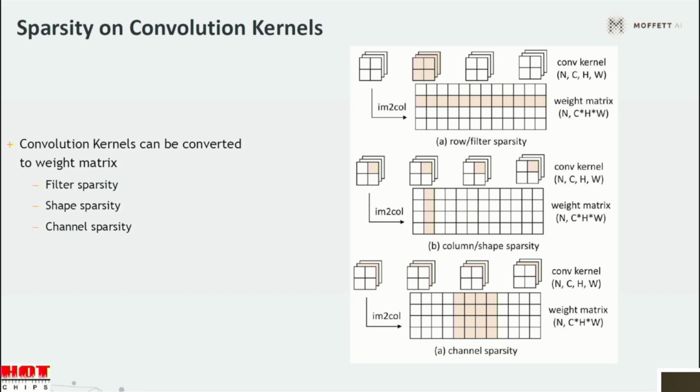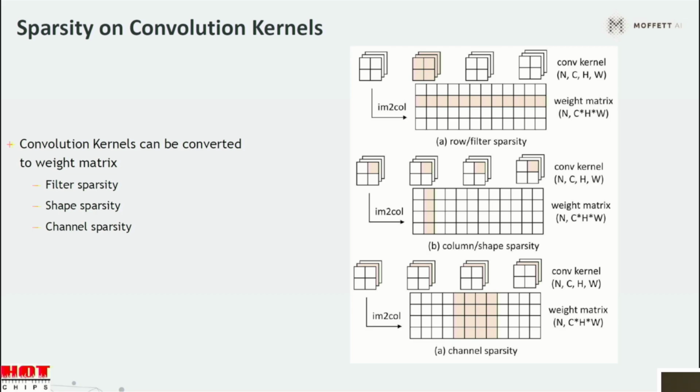There are 3 levels of sparsity. There's filter sparsity. If there's filter sparsity, it means the whole kernel is pruned off, and then the whole row of this weight matrix is 0. There's also shape sparsity. Basically, for each of the kernels, some of the positions in the kernel shape can be pruned, and this means some of the columns of the weight matrix can be reduced or gotten rid of.